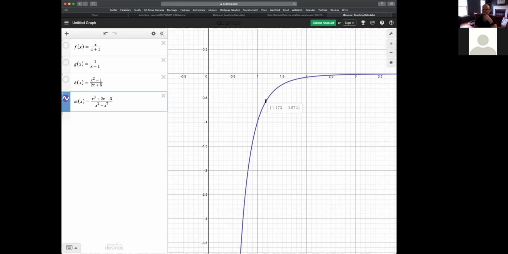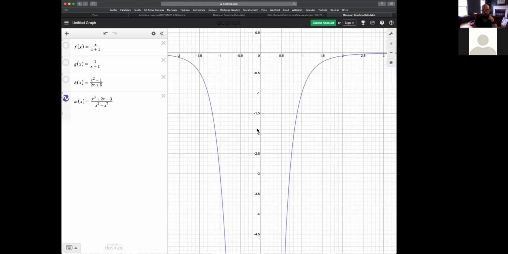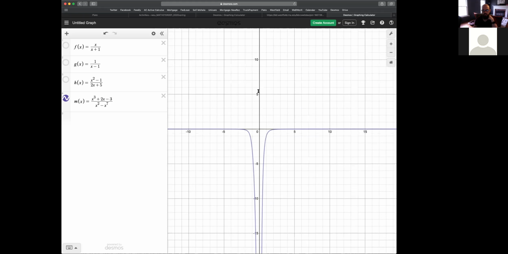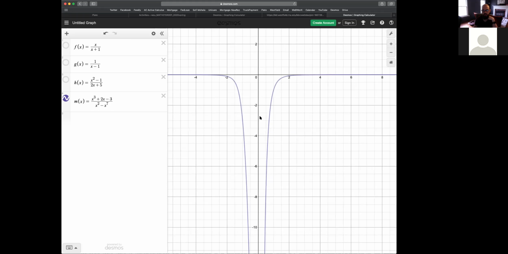I'm not sure. So if we look here, if I get closer to 1, it seems like Desmos will tell me that it's undefined. So I am dividing by 0, but we have this distinct difference: there's something happening here where we have a vertical asymptote versus a hole in our graph, right? Versus a hole.